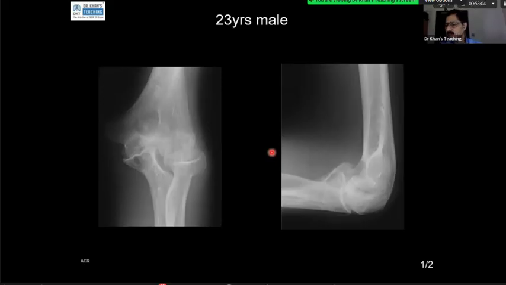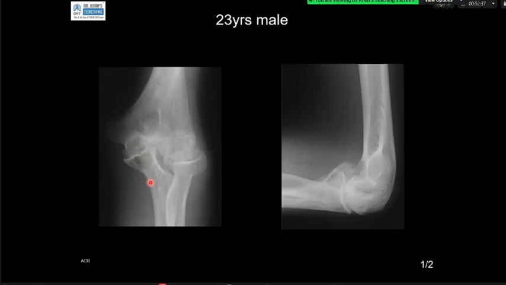Any other finding? The ulnar articulation also. So how do you describe this lesion here? Yeah, that's a lytic area in the olecranon process. So what is your conclusion? So that can be a hemophilic pseudotumor in this patient.